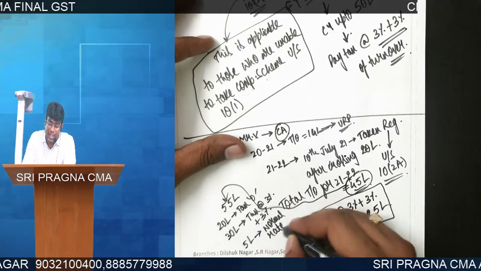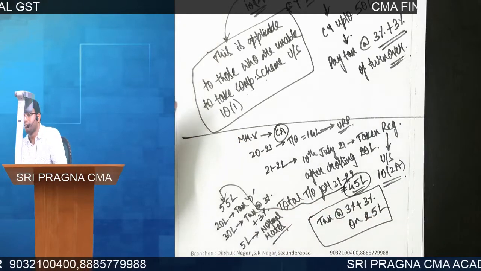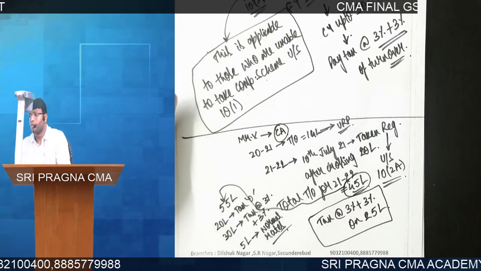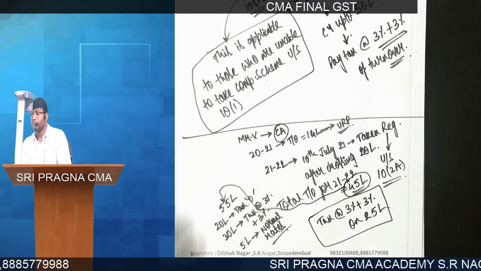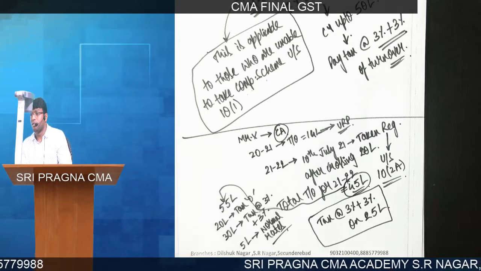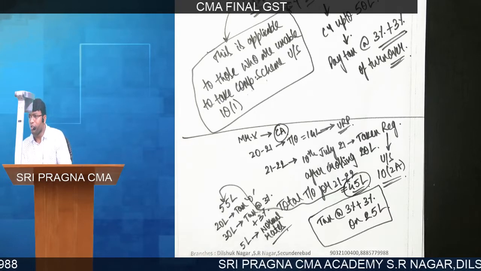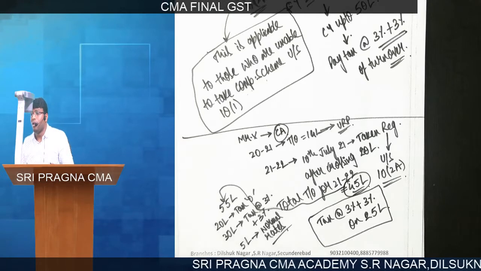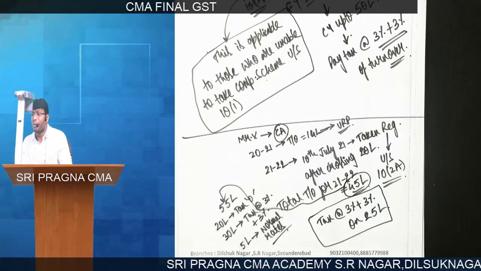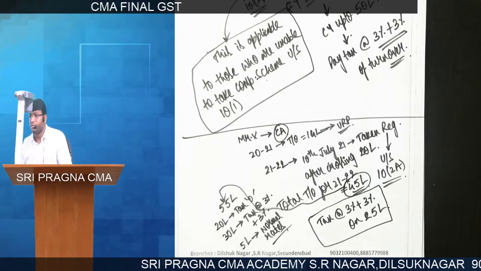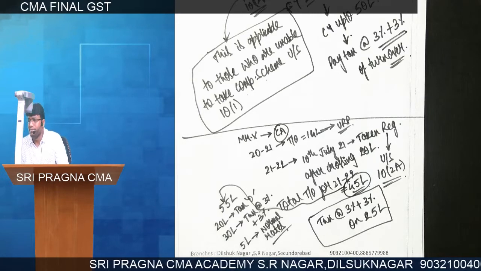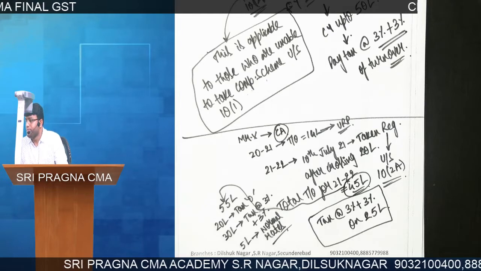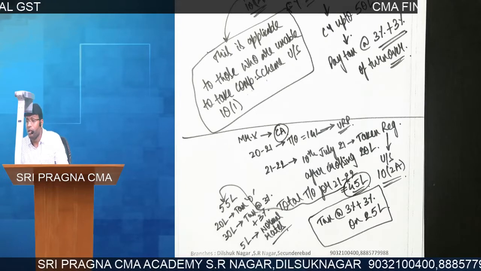Because once you cross 50 lakhs, you can't stay in composition. There is no ITC. And once you convert from composition to normal, same concept we already learned: ITC on input in stock plus capital goods, proportionate to 5% per quarter or part thereof. Same story, no change.